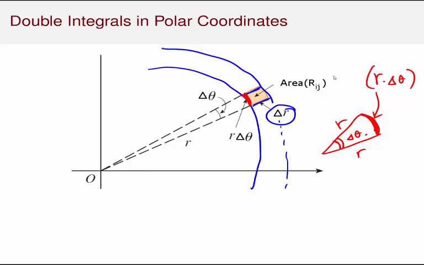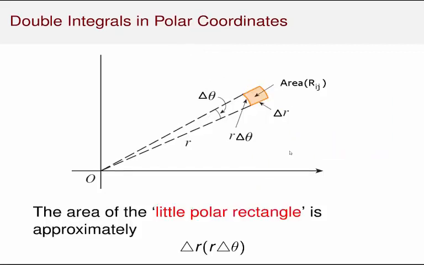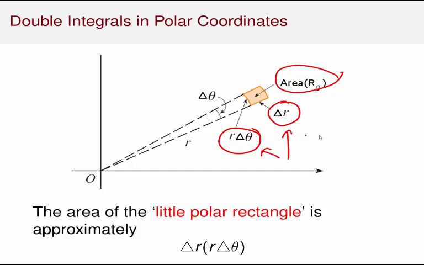Next, we are going to approximate the area of Rij. Notice the region Rij is roughly a rectangle when the dimensions are small. Therefore, we can approximate the area of Rij by just multiplying these two numbers, as if Rij is a rectangle whose dimensions are given by these two numbers. Alright?